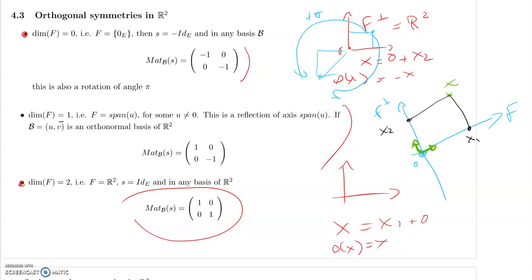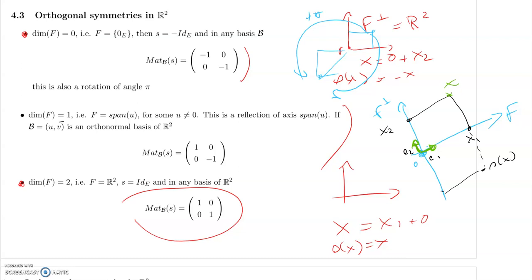And so S of x is going to be: we keep the x1, we take the opposite of the x2. That's going to be S of x. But anyway, if we are looking for the matrix representing this symmetry, if I take my basis, E1 and E2, E1 is a direction vector of F, and E2 is a unit vector orthogonal to it, so it's going to be a direction vector of F orthogonal.